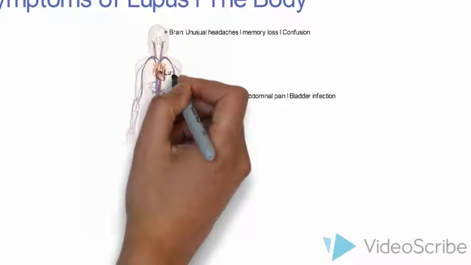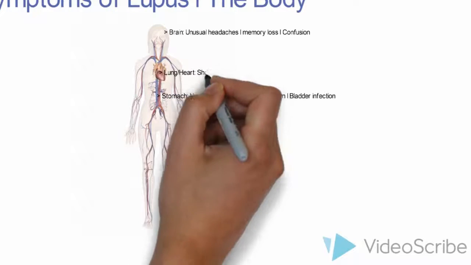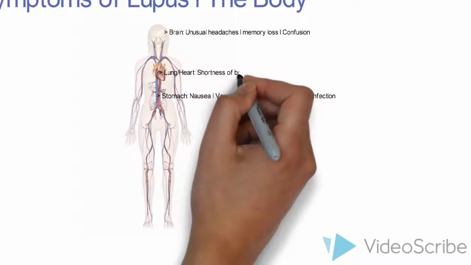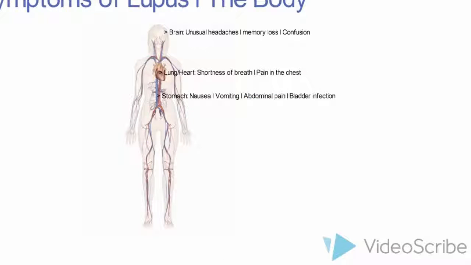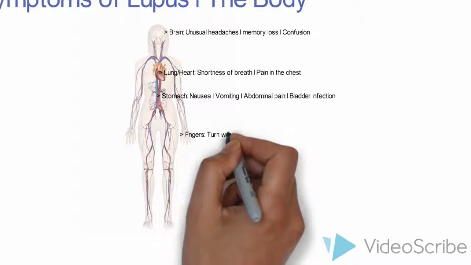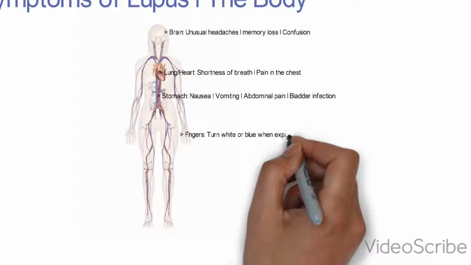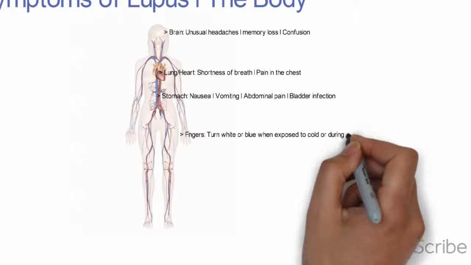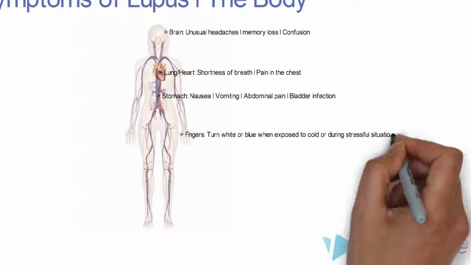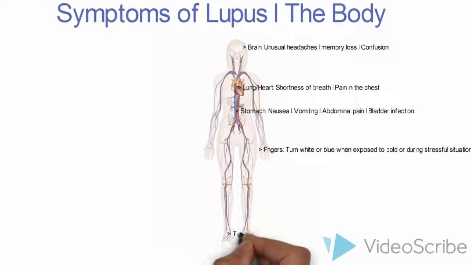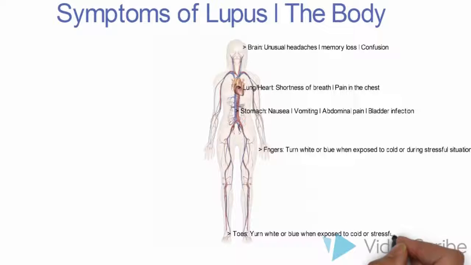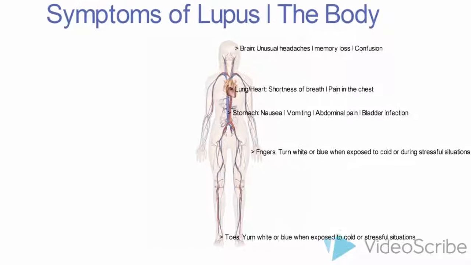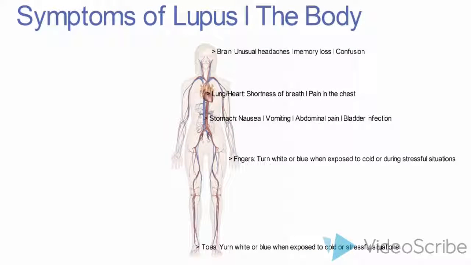And then with the heart and the lungs, there's usually shortness of breath, and there will be some pain in the chest. And then the fingers and the toes usually turn white or blue when exposed to cold or during stressful situations. And along with this, most people with lupus will also have some form of arthritis, which makes it very painful for them to move around.